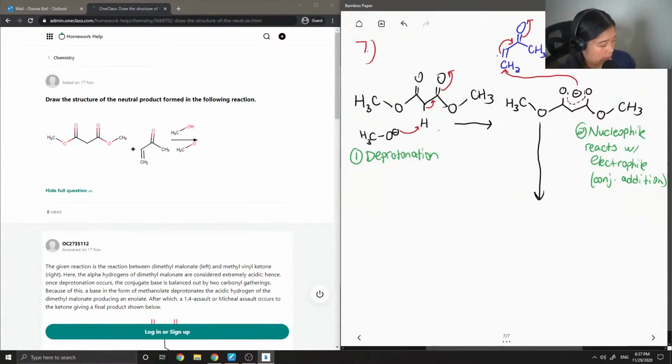Okay, so moving on down, I'll draw what this structure looks like after that second step.